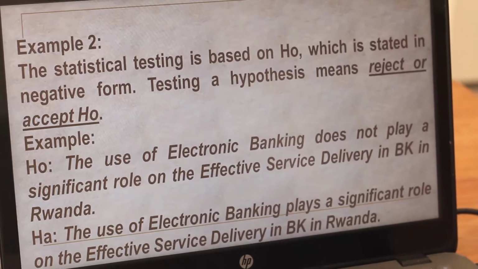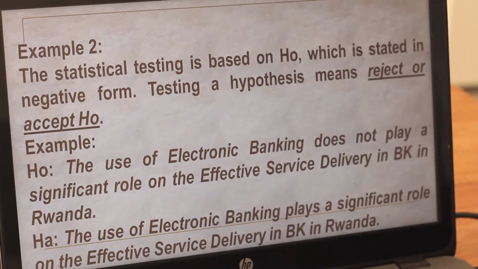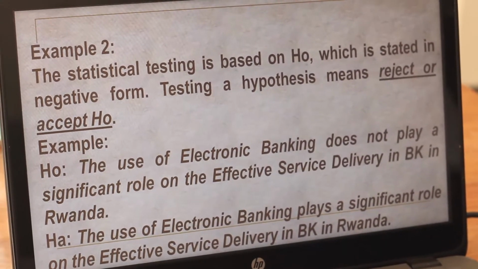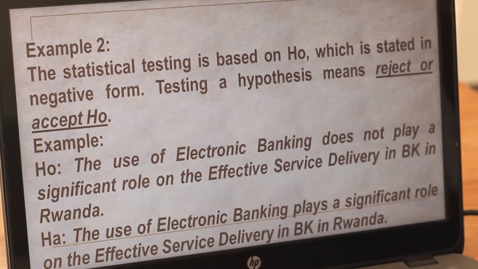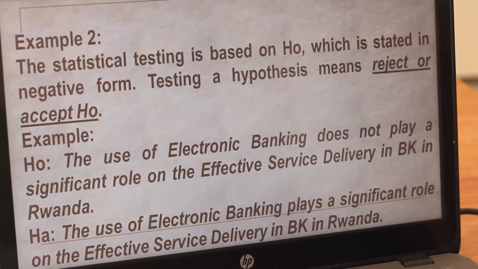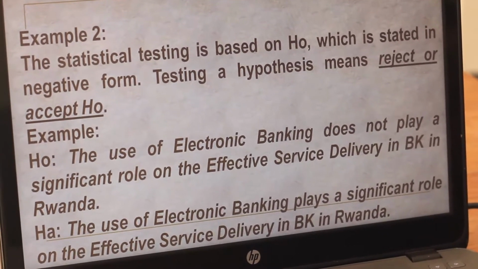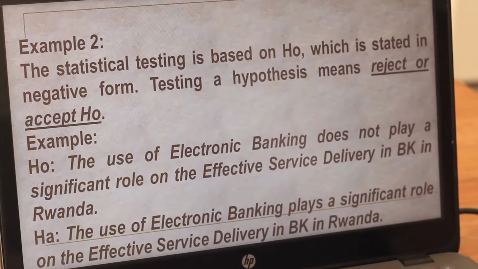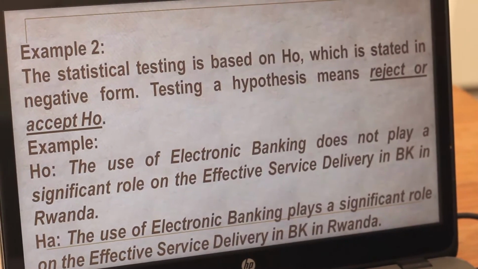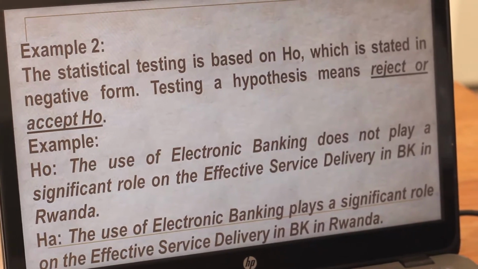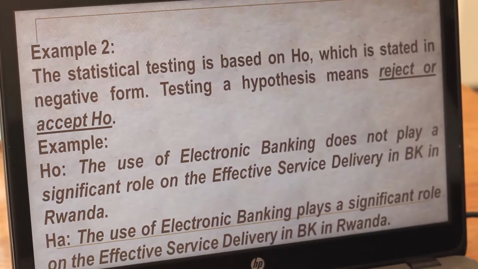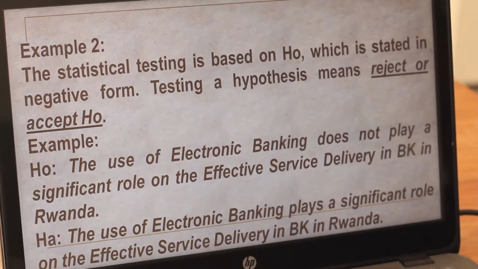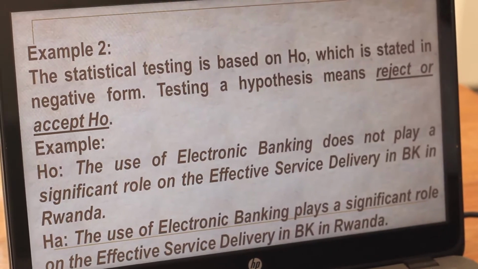Example, for the null hypothesis, you will say this: the use of electronic banking does not play a significant role on the effective service delivery in Beka, in Rwanda. That is your hypothesis statement used in the null hypothesis. The use of electronic banking does not play a significant role on the effective service delivery in Beka, in Rwanda.